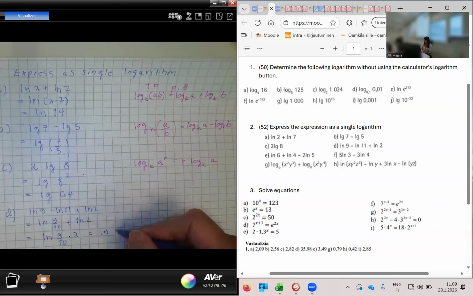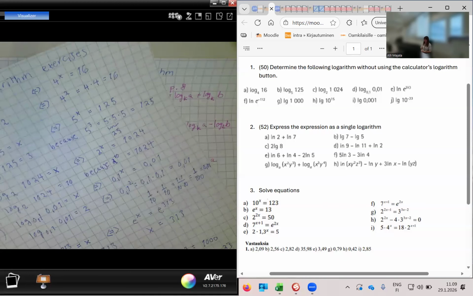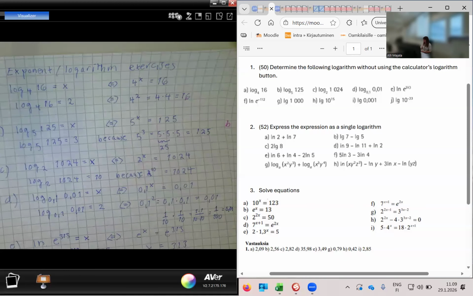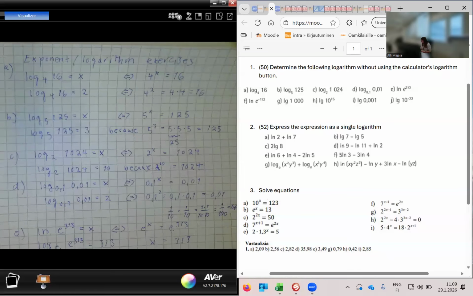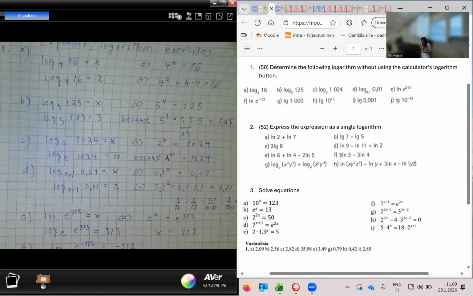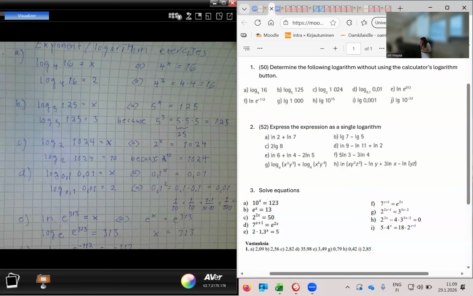What should the answers be? What was the answer to 1B? 1B, yes. 3. I can put the solutions there because there are the solutions anyway.